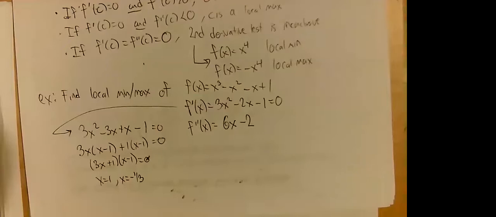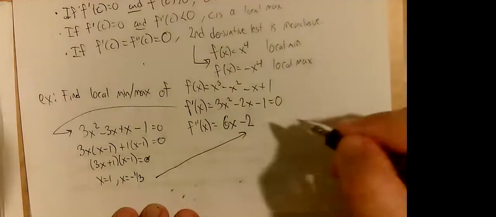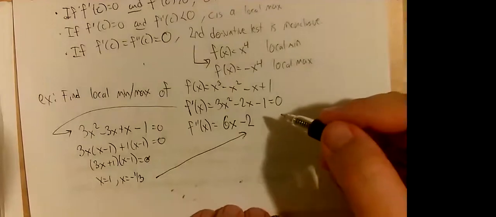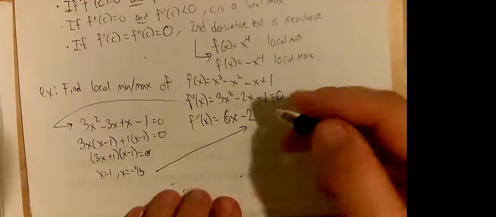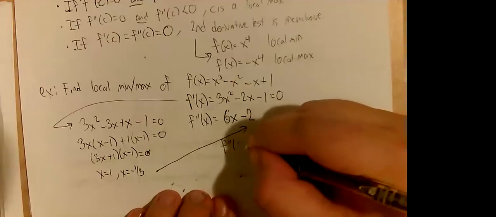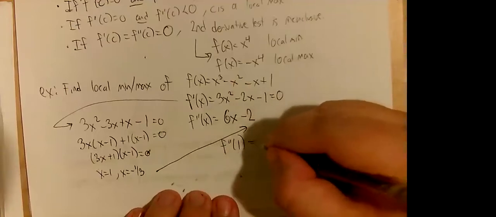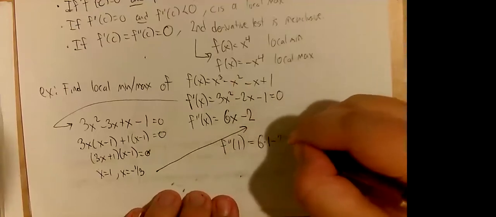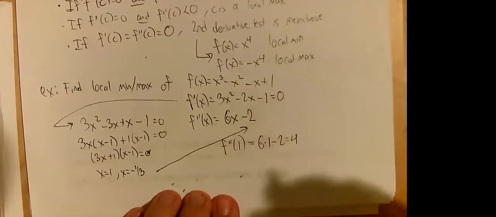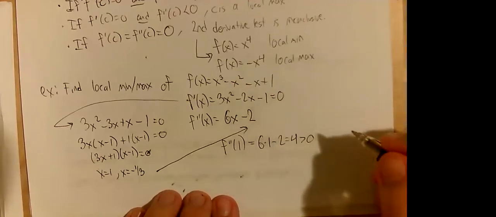Now we're going to plug these into the second derivative, and that will let us know whether we have a local min or max. For example, f double prime of 1 is 6 times 1 minus 2, which is 4. And last I checked, 4 is greater than 0.